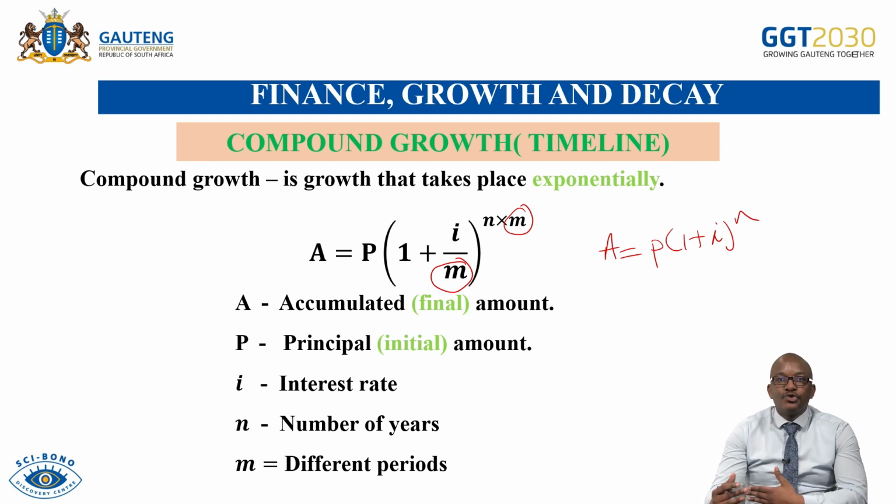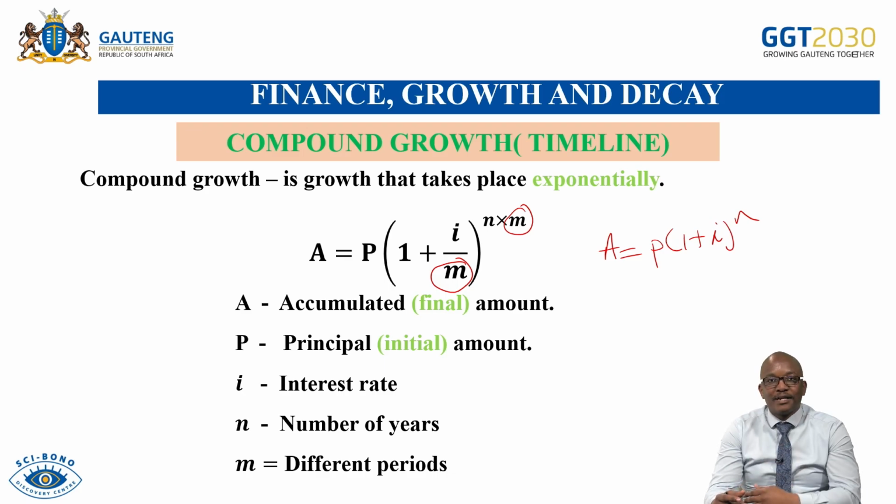You just have to know that the minute we are talking about compounded monthly, compounded annually, compounded daily, or compounded biannually, half-yearly, you have to divide your interest by the number of different periods and also multiply the number of years by that. So that formula is not there in the formula sheet, but you only need to understand the concepts.